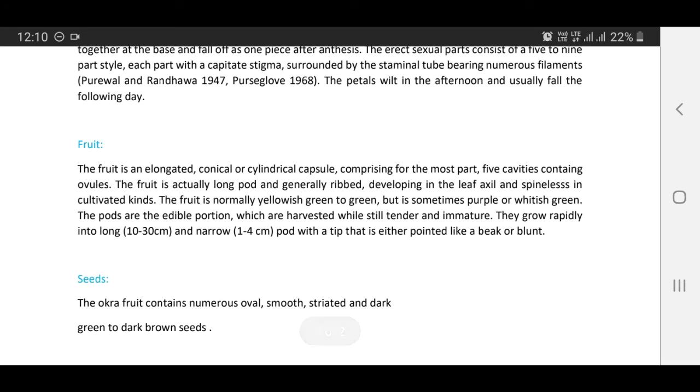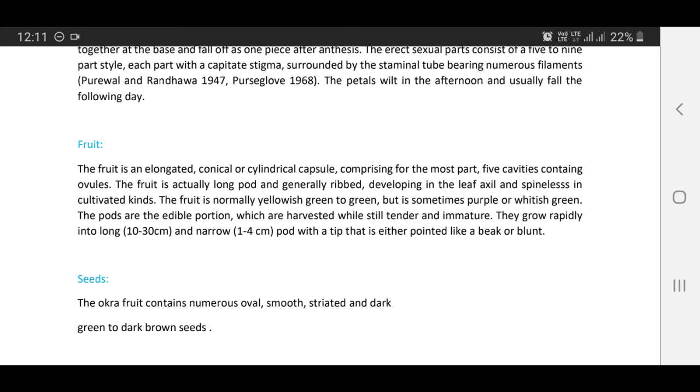Fruit. The fruit is an elongated, conical or cylindrical capsule comprising for the most part 5 cavities containing ovules. The fruit is actually a long pod and generally ribbed, developing in the leaf axil and spineless in cultivated kinds.